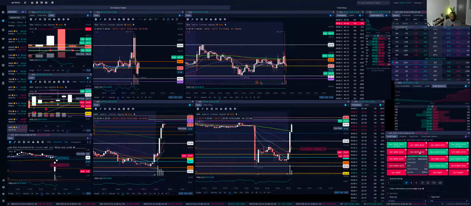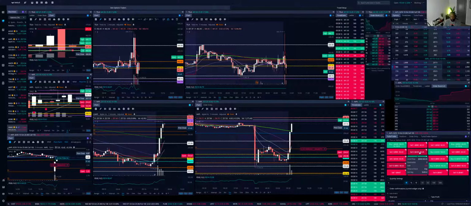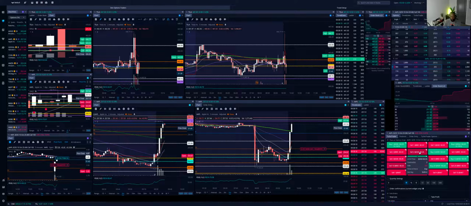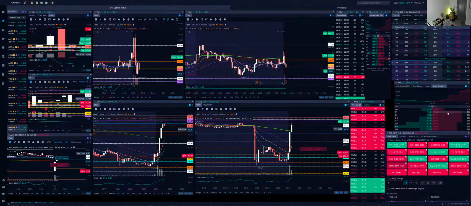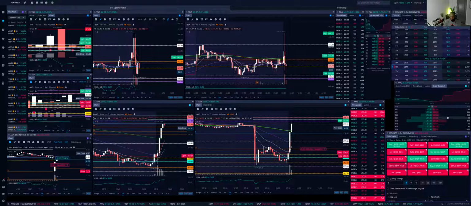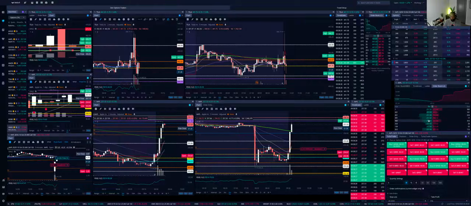Yeah, Apple's moving really slow. We want things to move fast. Sellers are starting to step up. If you look at the level 2, sellers are starting to step up. But the bids are still in play.